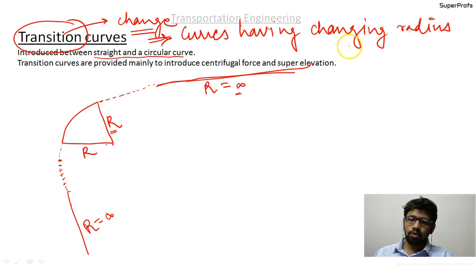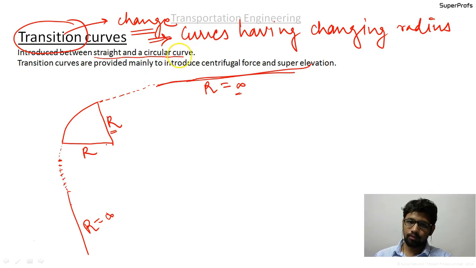Transition curves are curves having changing radius, whereas the curves we discussed in the previous lectures had a definite radius, the same radius throughout the length of the curve. The transition curves are introduced between a straight road and a circular curve.